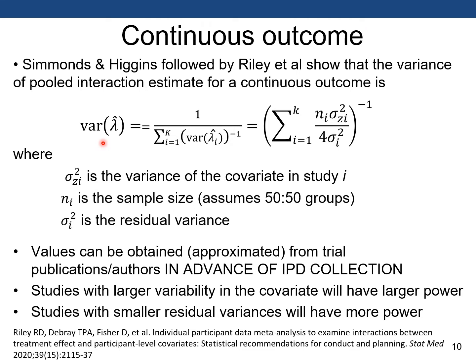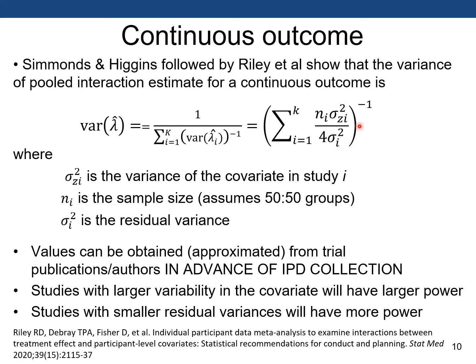And then from that, we could work out the power. We could do this in advance of IPD collection, couldn't we? If trial publications gave us the sample size, if they gave us, for example, in a baseline characteristics table, the variance of covariates. And if we knew the variability of the outcome at follow-up too.